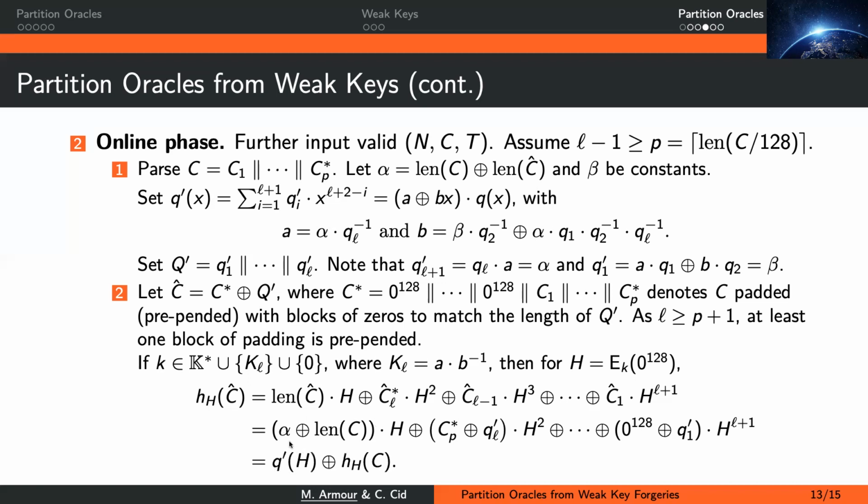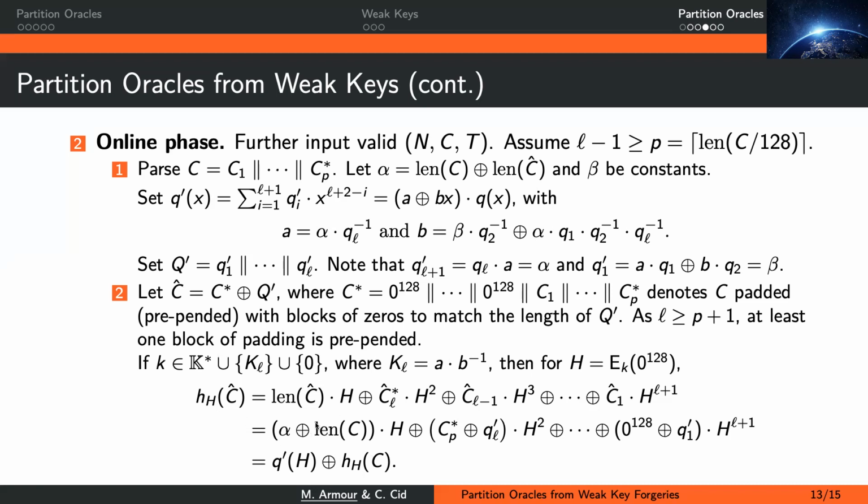so now we have the polynomial which is equal to the addition of Q prime of H XORed with a hash of C. So if Q prime of H equals 0, equivalently if H is derived from a key which is in this set of K star together with KL and the 0 key, then we have a valid forgery.